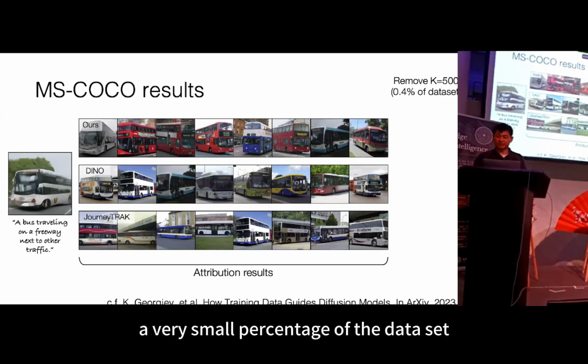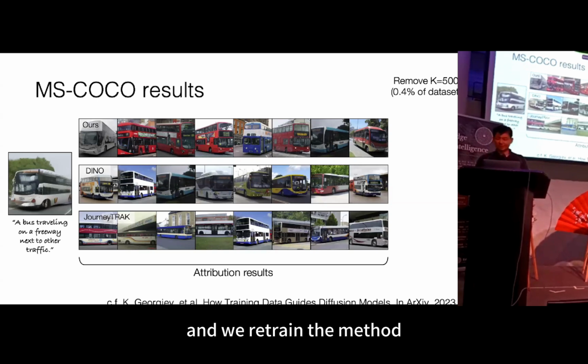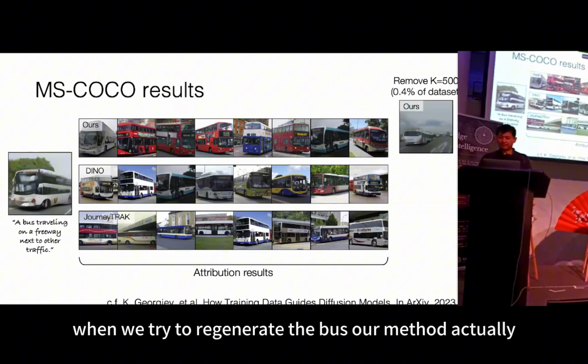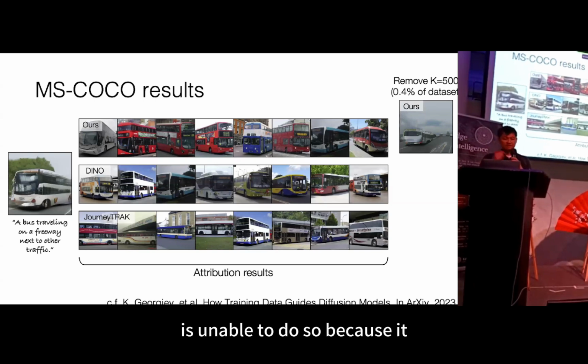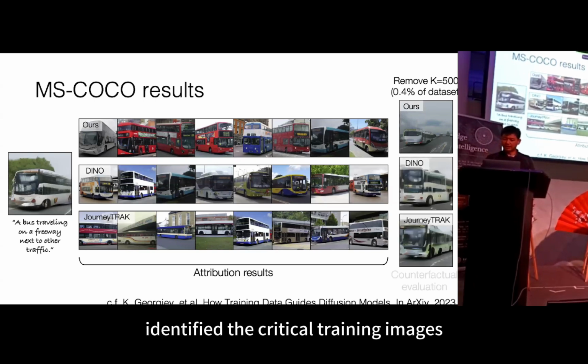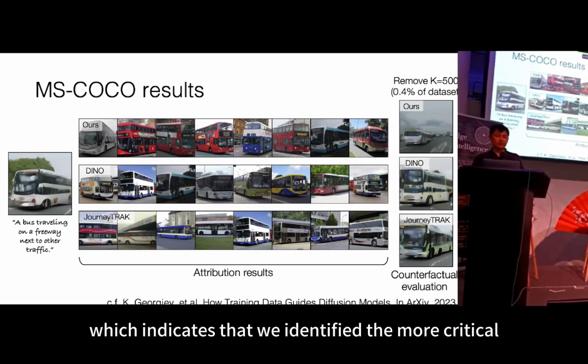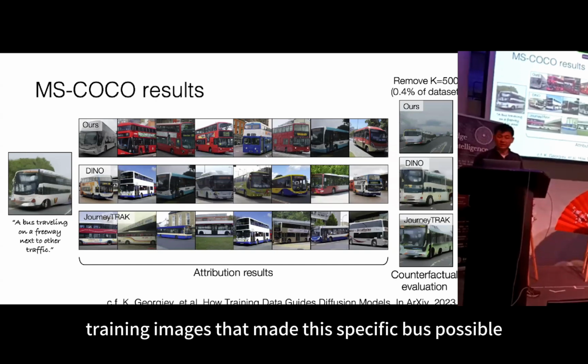So it's a very small percentage of the data set. And we retrained the model, and you can see that when we try to regenerate the bus, our method is unable to do so because it identified the critical training images, whereas the baselines are pretty much able to regenerate the bus, which indicates that we identified the more critical training images that made this specific bus possible.